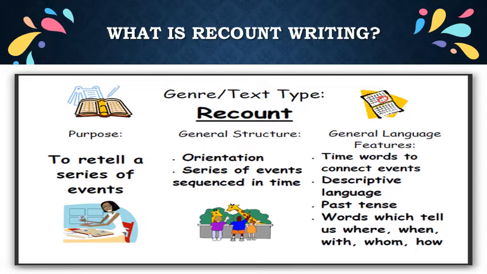Okay, let's look at the important one, general language features. There it says time words to connect events. Artinya you need to include first, later, soon after that, right? And then the second one, descriptive language. Let me give you an example. Yesterday, I went to an interesting birthday party.